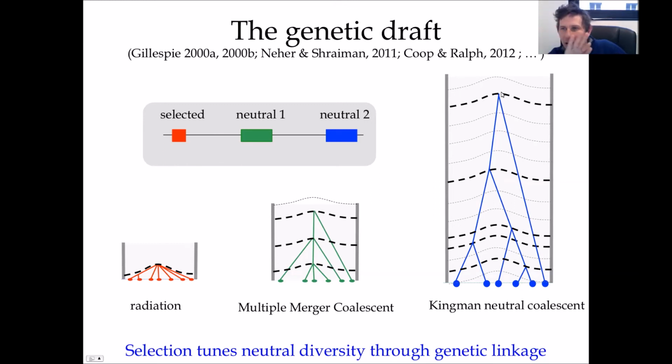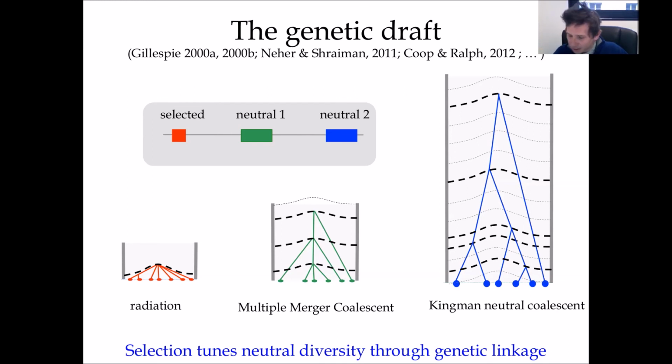And if you're far enough from the selected locus, you recover a completely Kingman neutral tree. You cannot tell the difference between this tree and a neutral tree, except that the time scale is completely different. The time scale will be completely shortened.